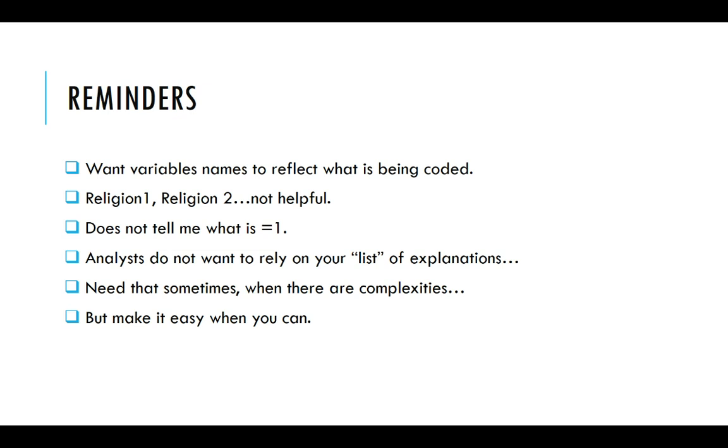It just says it right there, and it makes it much more readable. So good variable names are important. Be sure that you're giving your variables names that indicate what is in the column. Gender would not be a very good variable name if I'm trying to code male equal 1, for example, right?